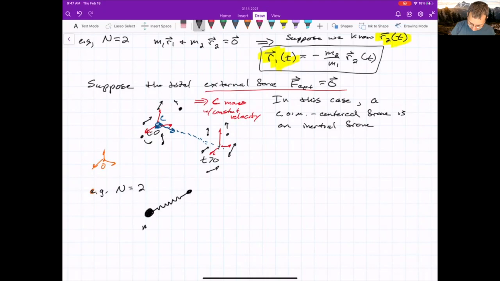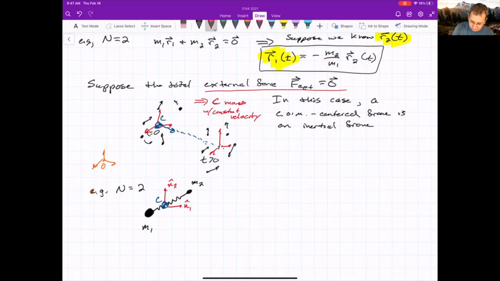I don't know, M1 and here's M2. So the center of mass is going to be closer to the bigger mass. But we could define an inertial frame centered on that center of mass and view the relative motion. Why is that? Because in this case, the only forces on the particles are internal forces, meaning forces due to another particle. The force on M2 is due to M1 through that spring that attaches them.